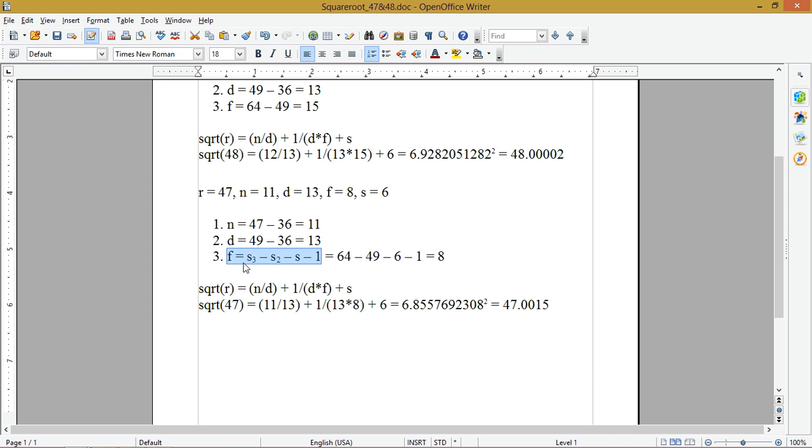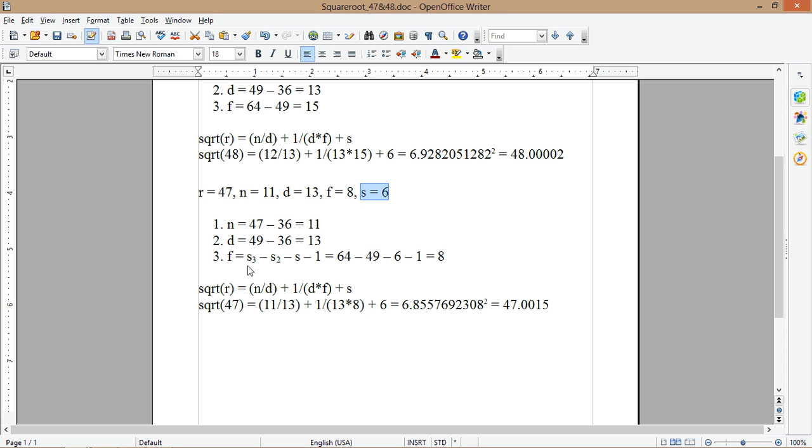So there it is. For 47, f is equal to s cubed minus s squared minus s minus 1. We already looked at 64 minus 49. So s cubed in this case is equal to 64, s squared is equal to 49, and s, which we talked about already, is equal to 6.